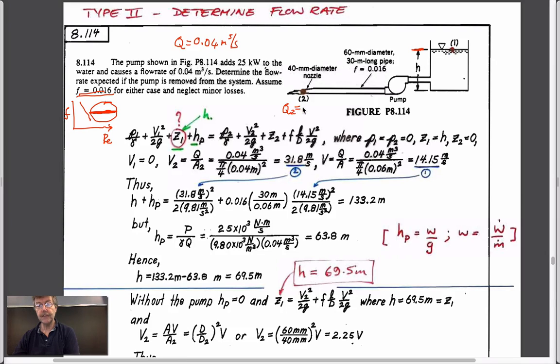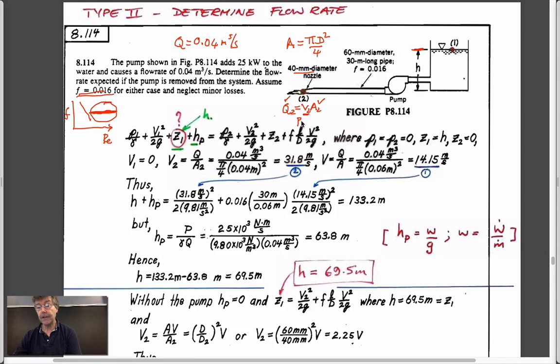And Q2 has to equal the velocity at 2 multiplied by the area at 2. We know the area, because the area is equal to pi d squared over 4, and we know the nozzle diameter. So we know the area, and therefore we know the velocity.